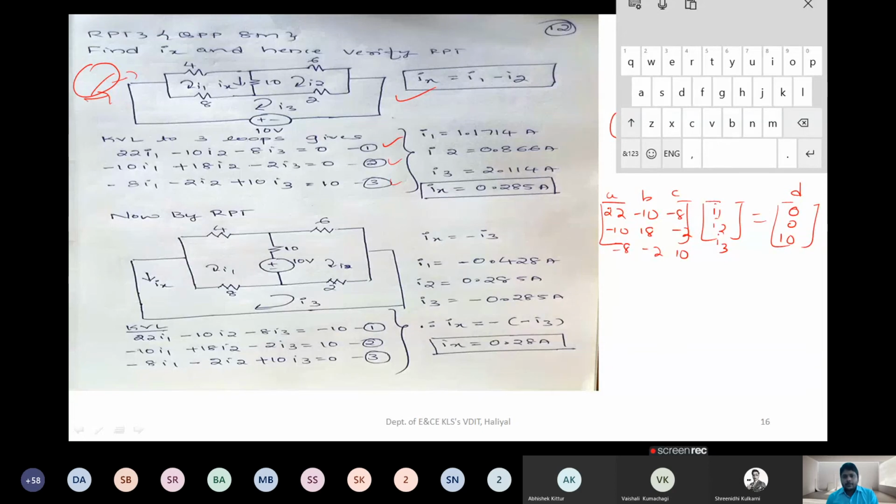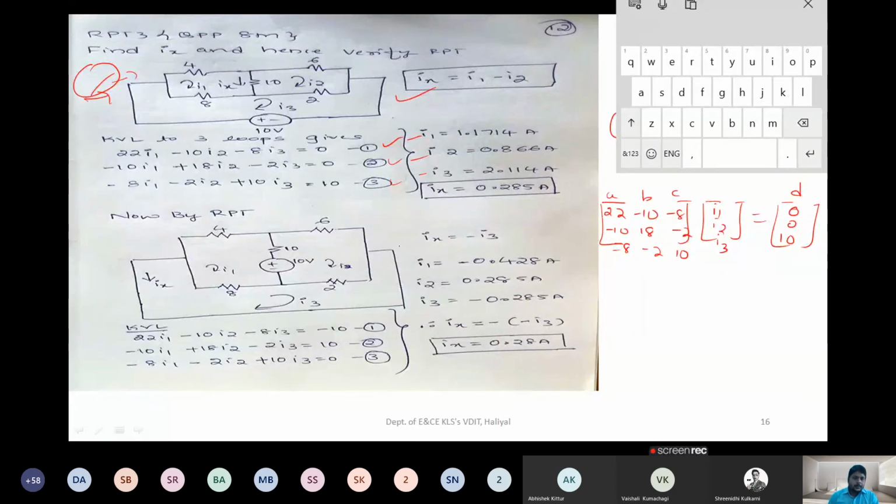Because if you miss one sign, instead of minus 8, if you put plus 8, the entire value will change. You may assume that the result is correct. So in the examination, please cross verify these values twice or thrice. Don't hurry in finishing the examinations. Okay, is that clear now?